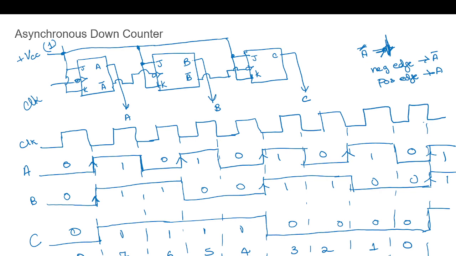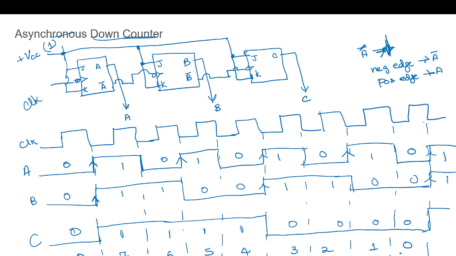So it's performing down counting, and it is asynchronous because the first flip flop is triggered with the global clock and the next flip flop from this output, not from the clock directly. And here is the output.